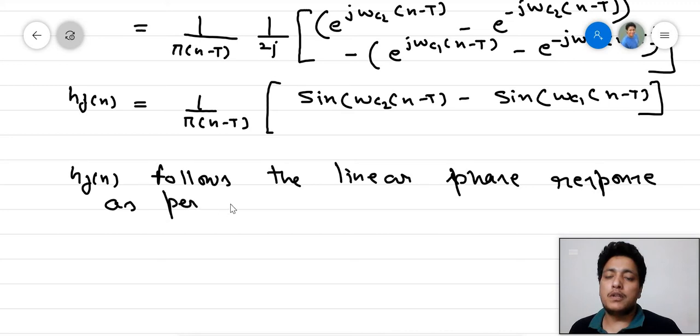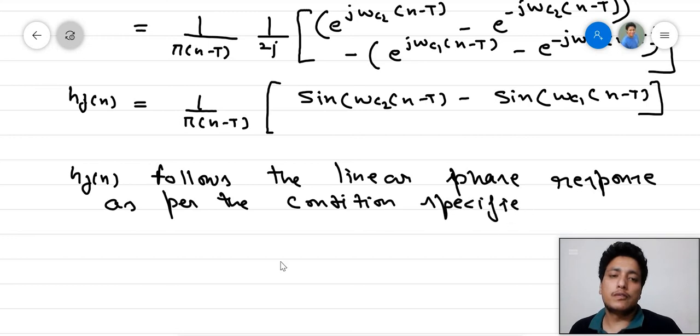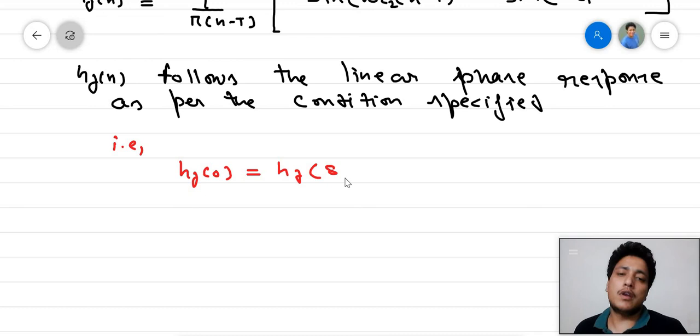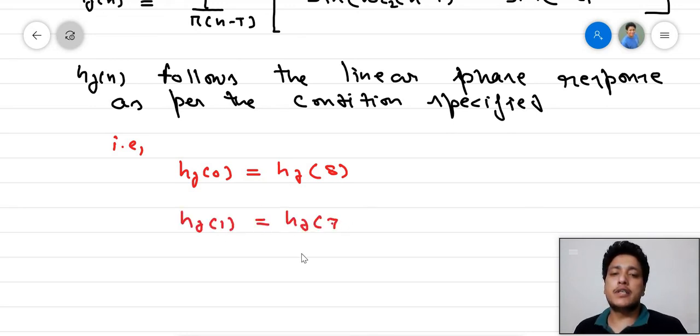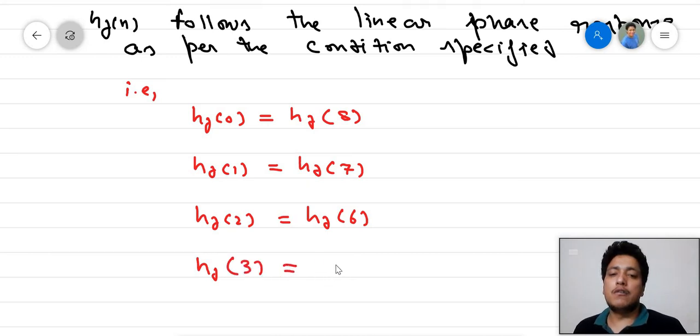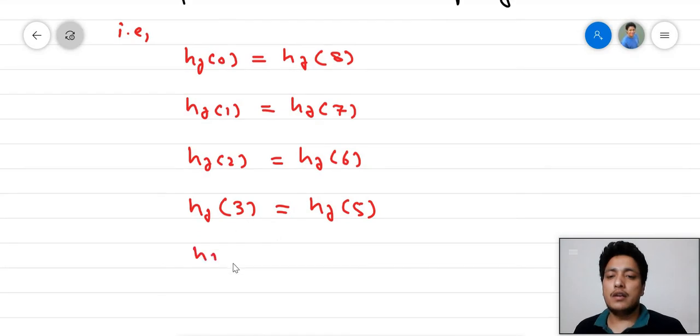As per the condition specified, h(n) equals h(M minus 1 minus n). So hd(0) will be equal to hd(8), hd(1) will be equal to hd(7), hd(2) will be equal to hd(6), hd(3) will be equal to hd(5), and then hd(4).